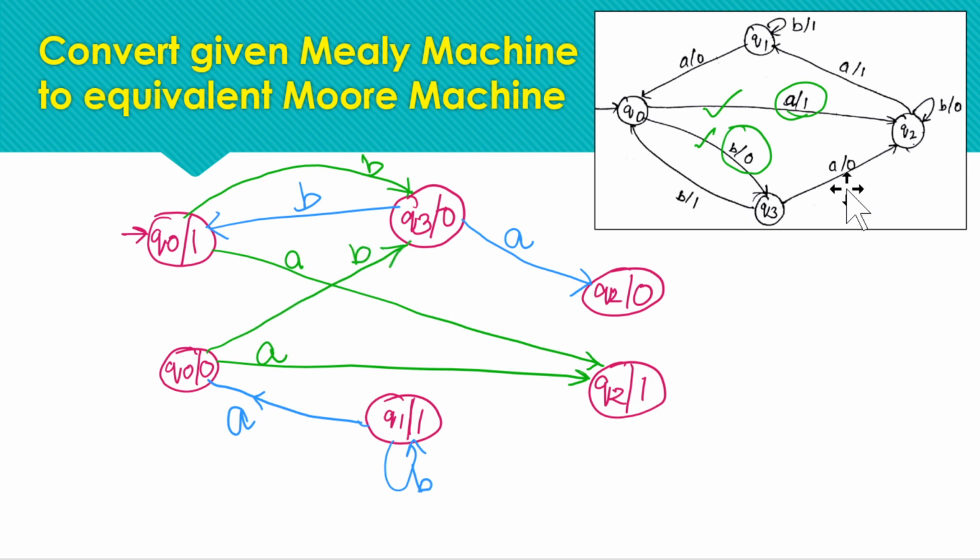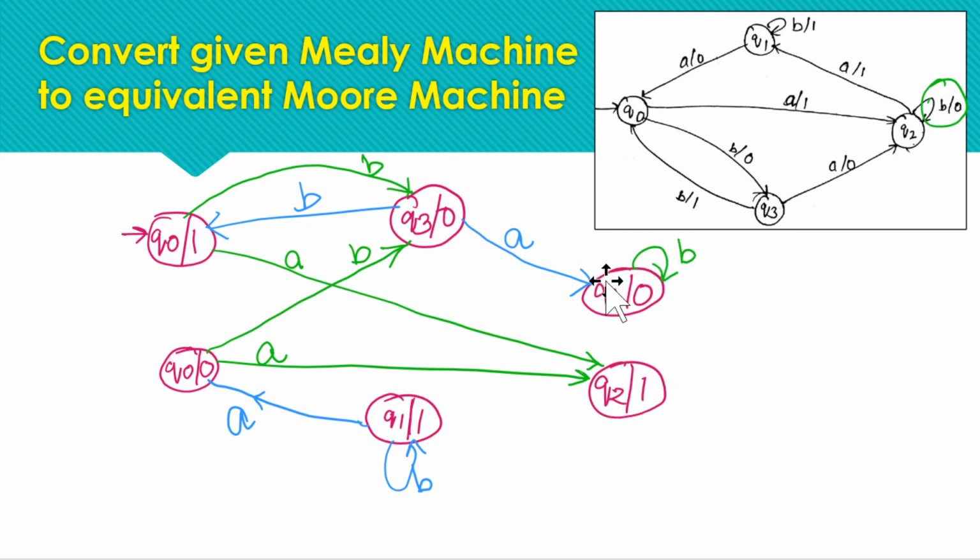Now coming to the state Q2. So from Q2 we are having a self loop. We will be having a self loop of this input symbol B by generating the output 0. So we will be having a self loop for Q2 with output 0 here for input symbol B, but also we need to move, as this transition also will be converted to two transitions from two versions of Q2.